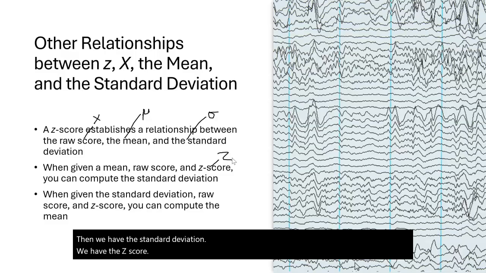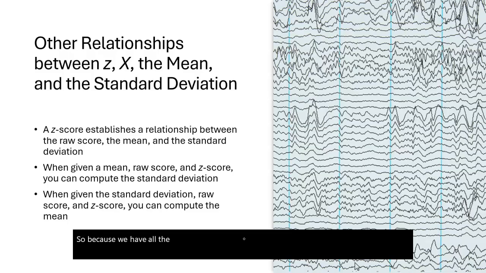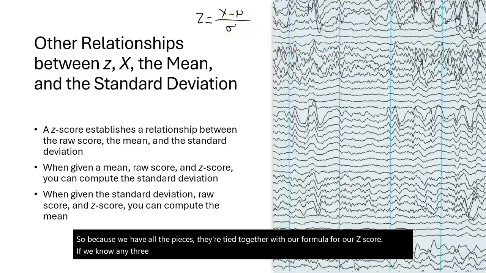Because these pieces are tied together by a formula, we know that if we have any 3 of them, you can solve for the 4th.